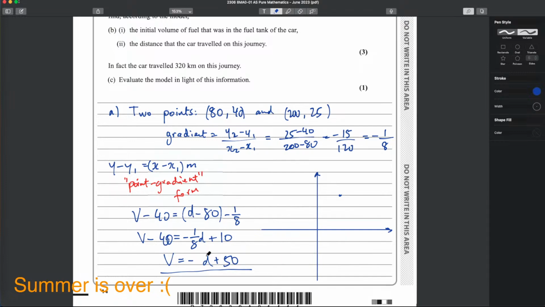Now this is making sense. Pratham, did you tell me? Maybe you did. I don't know if you did.